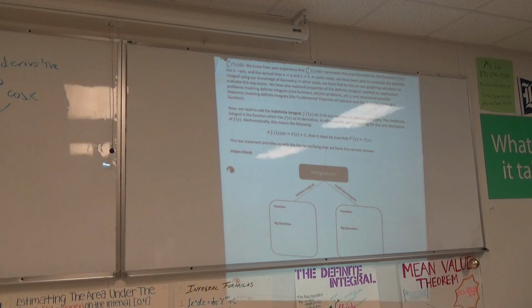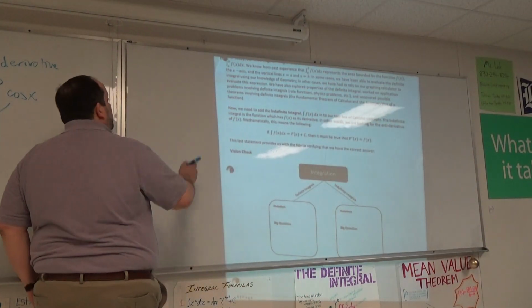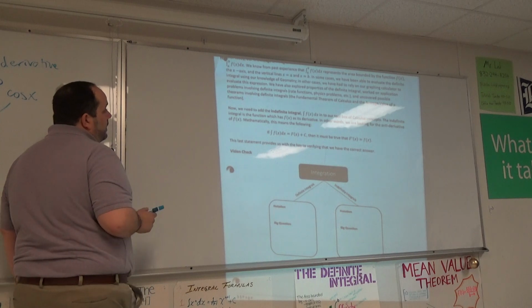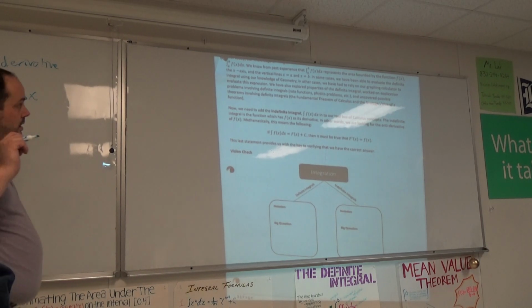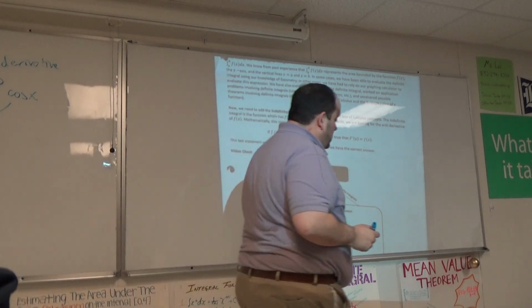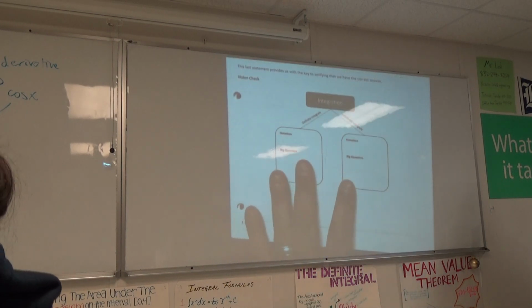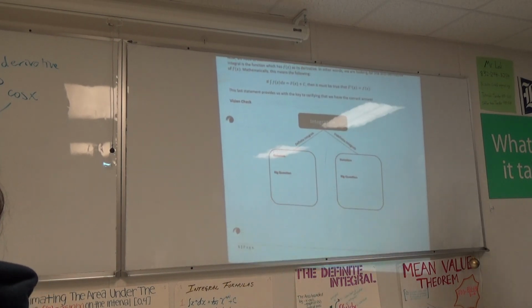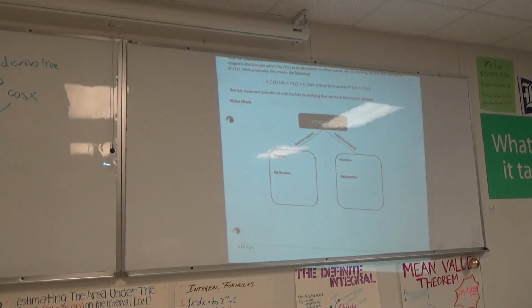We know from past experience that the integral from a to b of f of x with respect to x represents the area bounded by the function f of x, the x-axis, and the vertical lines x equals a and x equals b. In some cases, we have been able to evaluate the definite integral using our knowledge of geometry. In other cases, we have had to rely on our graphing calculator to evaluate this expression.